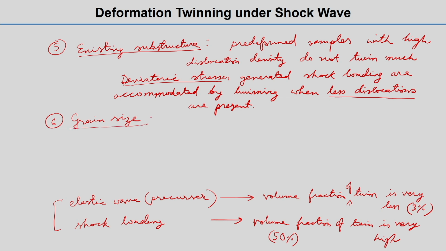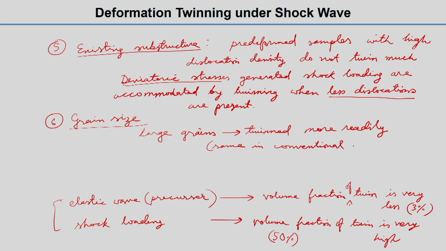Coming to the grain size, the factor number 6. So large grains twinned more readily, and then the smaller grains. This is, by the way, even the same in conventional deformation, not a characteristic of only shock waves.